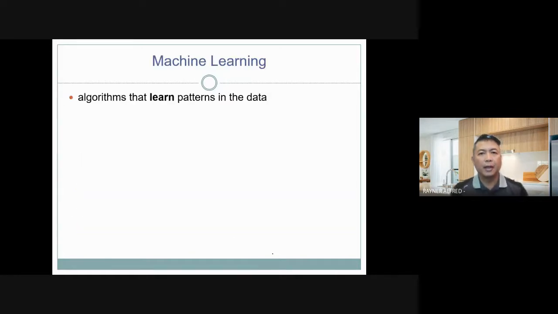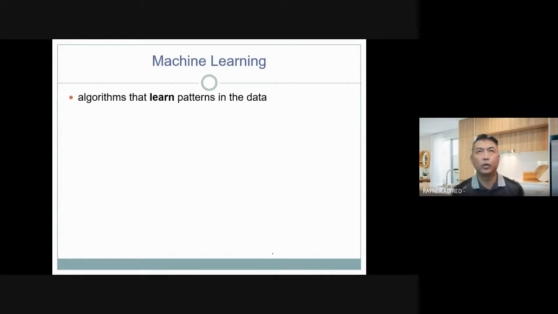Just now I asked you, have you taken data mining or machine learning? This is related to machine learning. Next semester for data science, we will be offering machine learning for knowledge discovery, so you will learn more algorithms on how to learn from data.